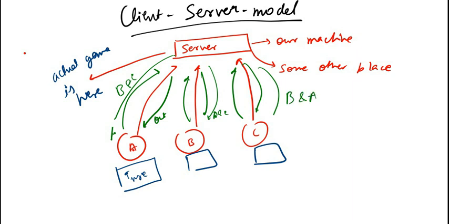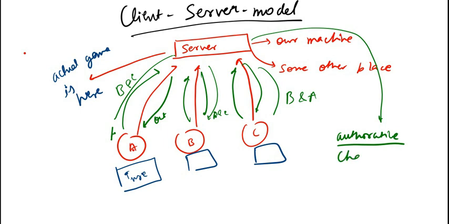As you can see here, the server has the actual game which is running. So in this, the server is authoritative. What authoritative means is that the server will control the game state, and the server will ensure that no cheating is happening.